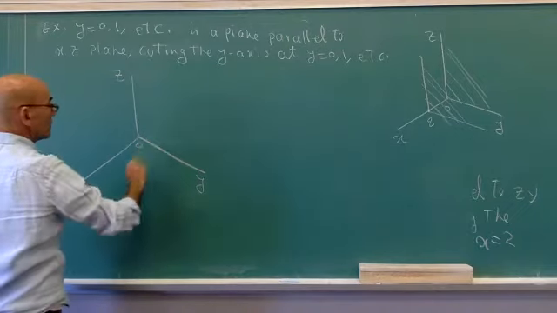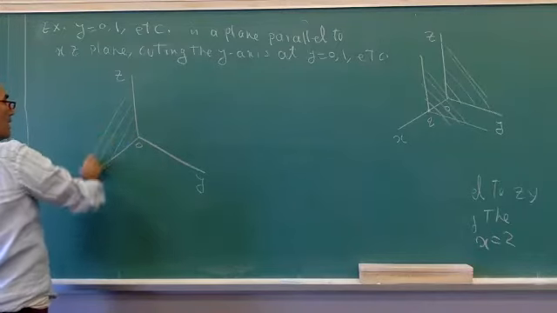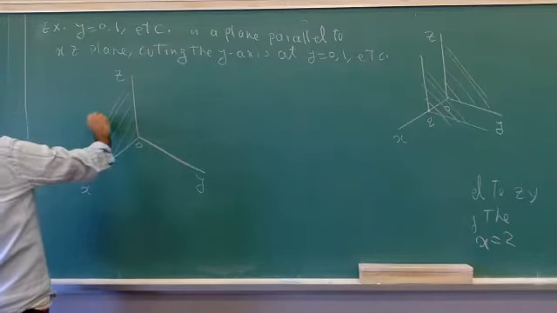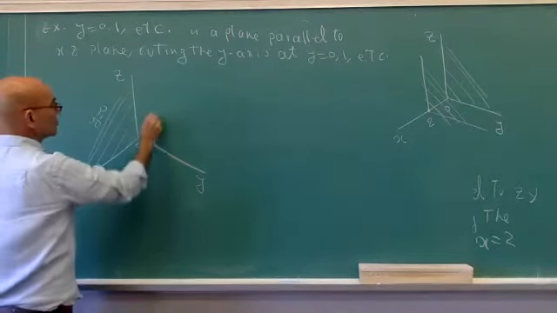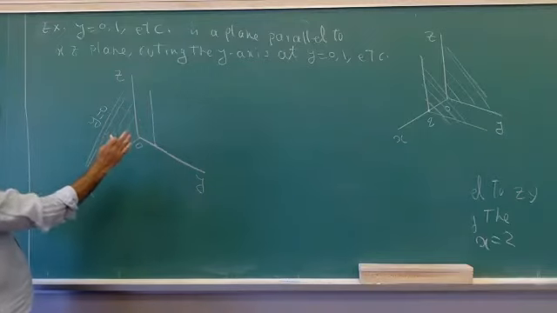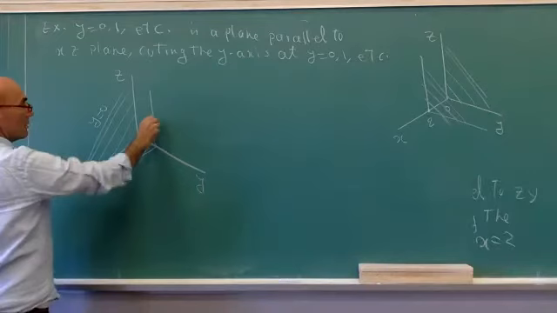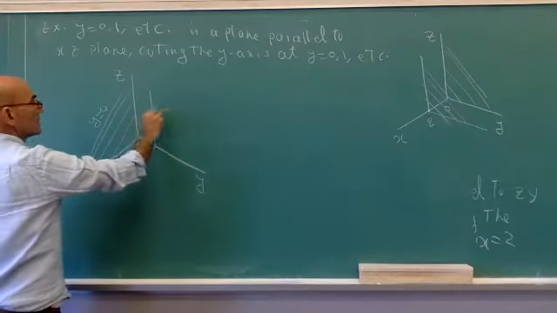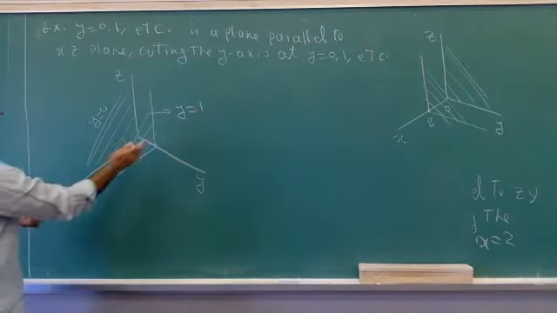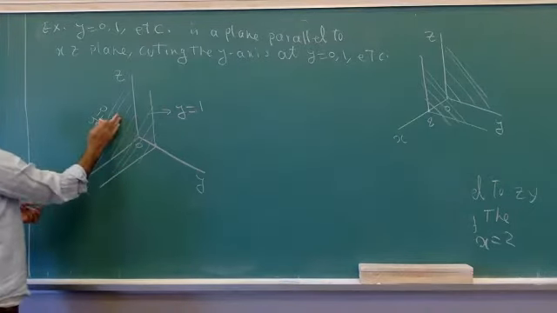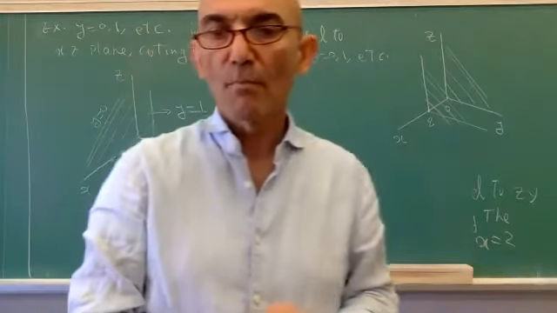So y equal to 0 is this plane. And if you want y equal to 1, you just shift it 1 unit forward. So this is y equal to 1. And of course, if it is y equal to -1, you go back behind the coordinates.